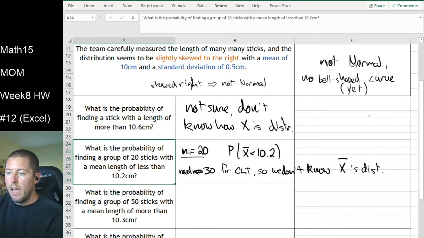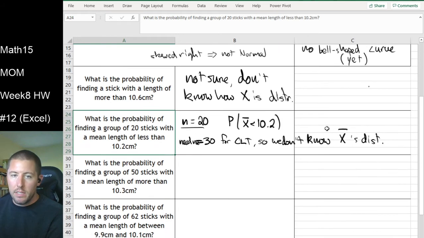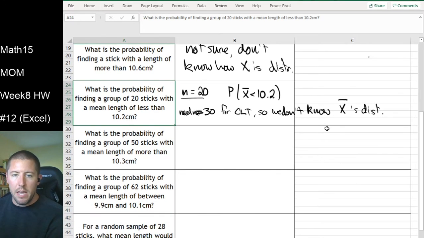All right, so again, n equals 20 is insufficient. We're not guaranteed that the distribution of the sample average, x bar, is normal yet, because this is a little bit too small of a sample size right here. But now, we've done two no computations here. We just said we don't know yet because we don't have enough information.